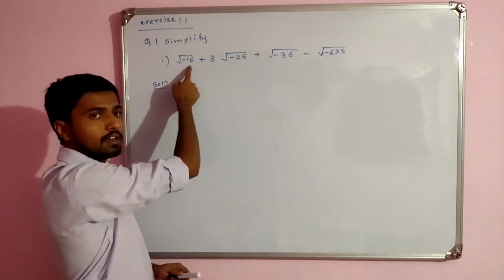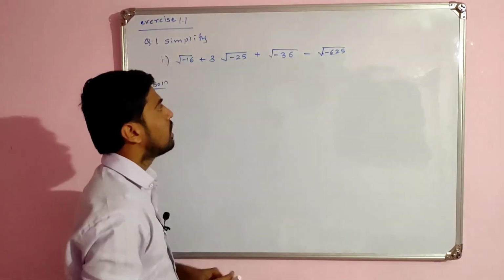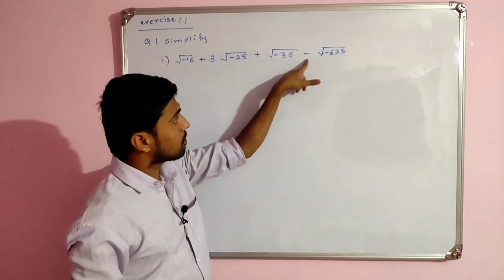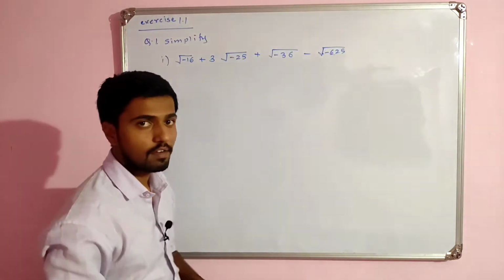First, root of minus 16 plus 3 root of minus 25 plus root of minus 36 minus root of minus 625.